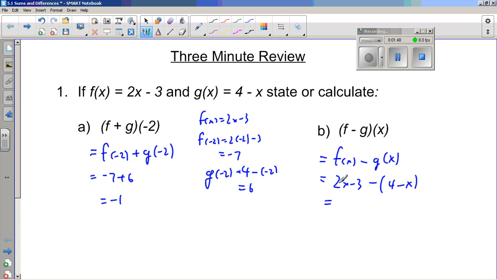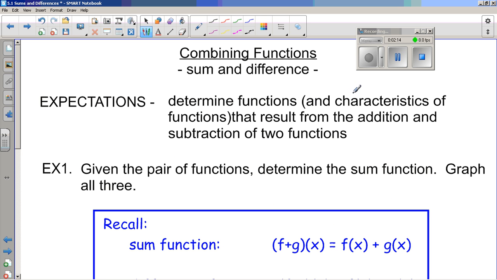Collect up some like terms, 2x minus negative, maybe another step here. There we go, 3x minus 7. And so that is what we call the difference function. This is a new function made of the other two. And I could have done that over here and then substituted in minus 2 to find my answer, but either way is fine.